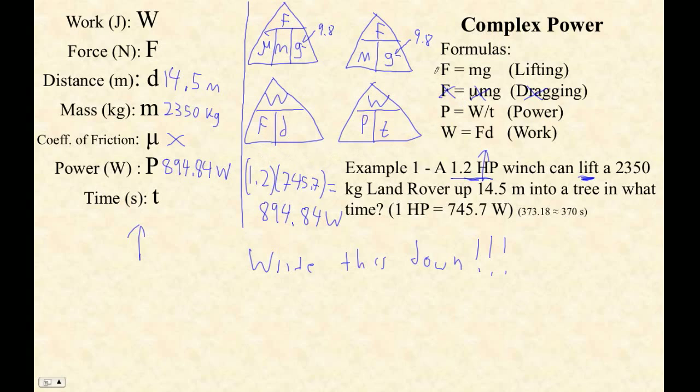Because we're lifting, I think the only thing we can do is find the force. The force is M times G, so it's 2,350 times 9.8, that's 23,030 newtons. So I'm going to put that down for my force.